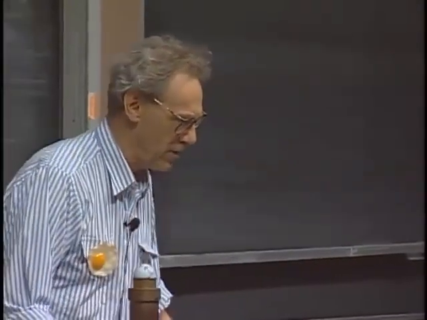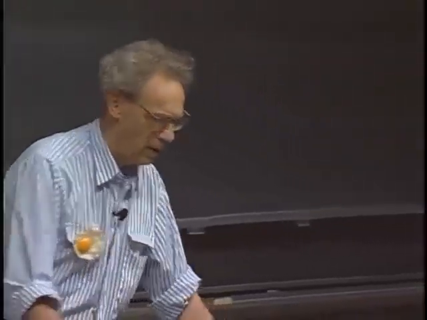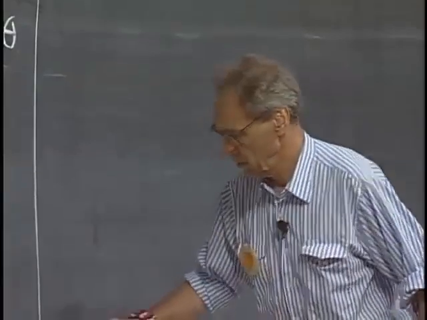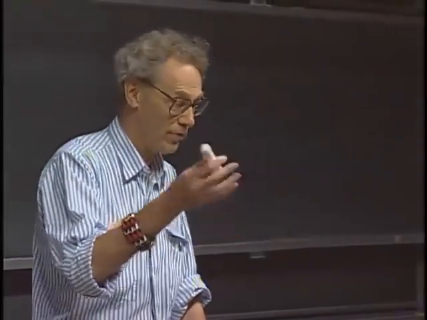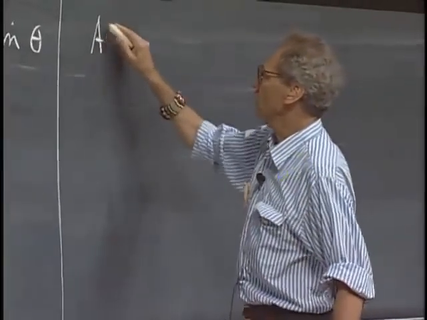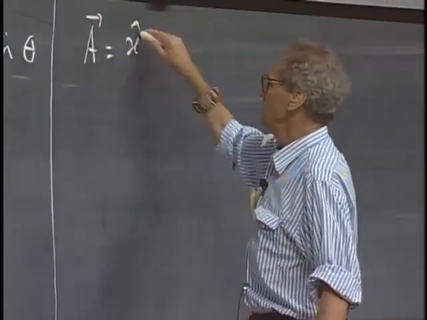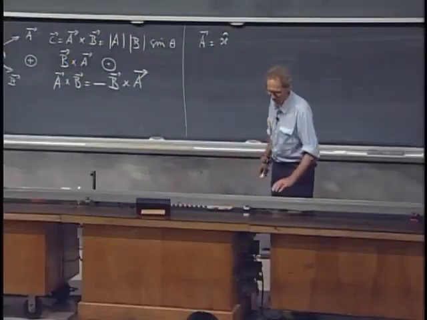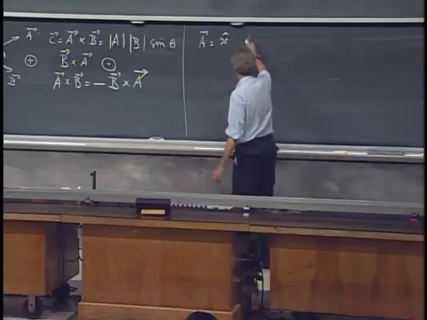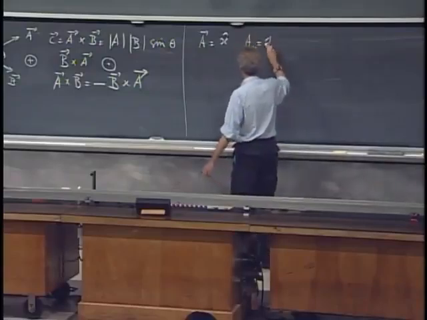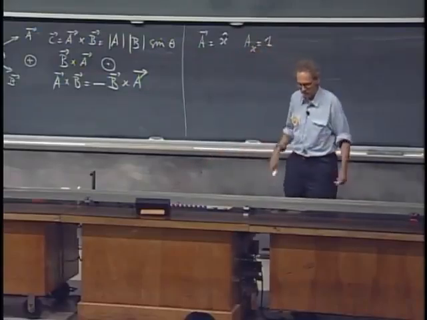Let's take an extremely simple example. Again, I don't mean to insult you with such a simple example, but you will get chances, more advanced chances, on your assignment. Suppose I gave the vector A is x roof. It's a unit vector in the x direction. That means A of x is 1, and A of y is 0, and A of z is 0.